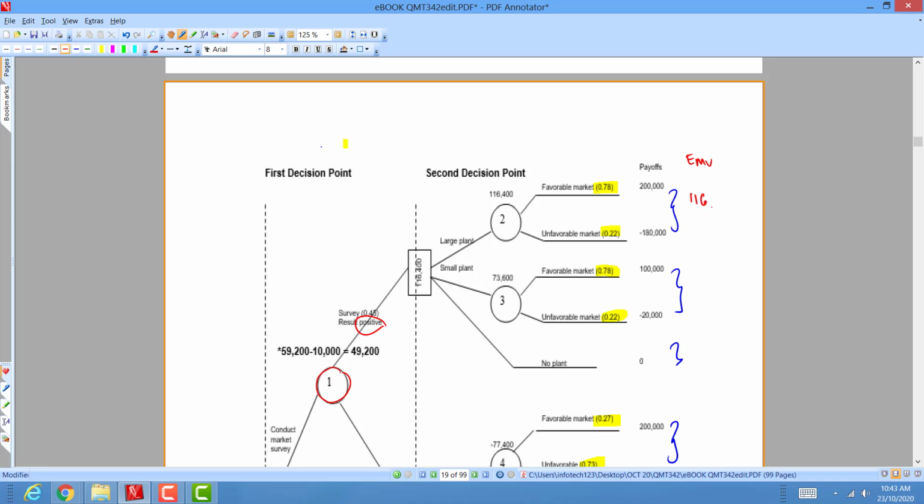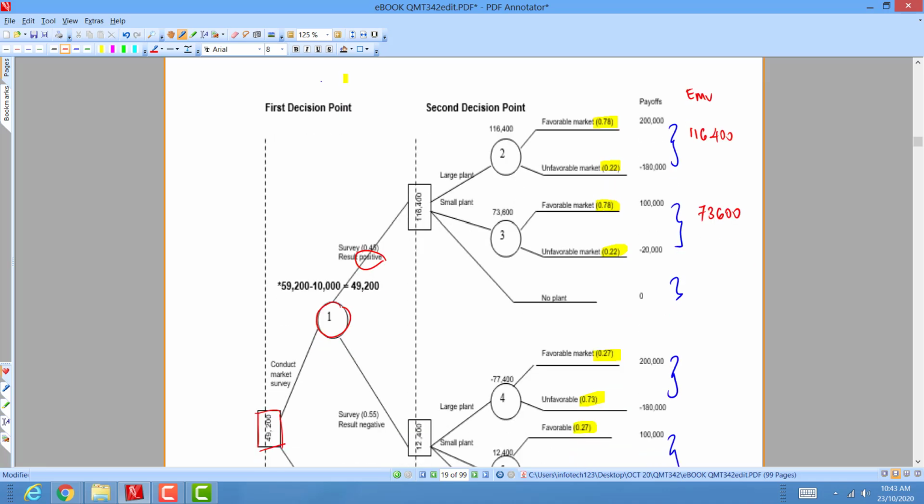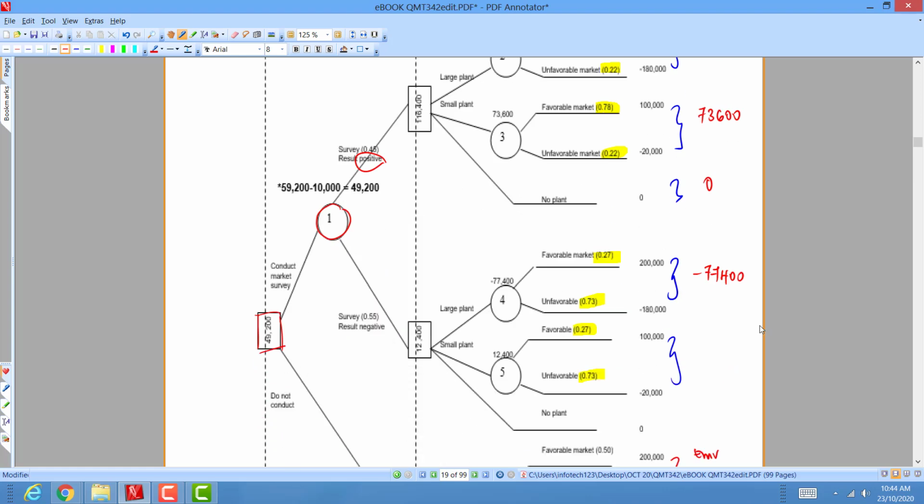Later on you can check all the values: 116,400, this one 73,600, this one 0, this one negative 77,400, this one 12,400, this one 0. Sorry, below is the 0 value.